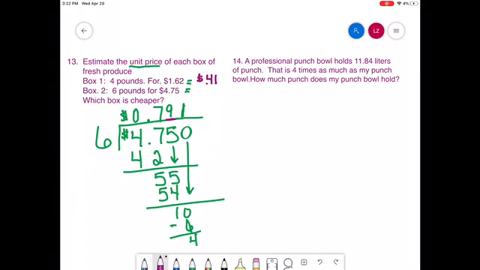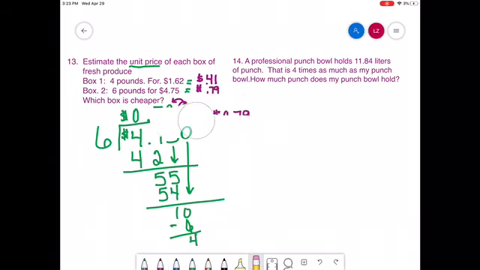So we have to stop and look to the right at the thousandths place and decide whether it's going to be 79 cents or 80 cents. And this 1 tells us to leave it. So our answer is going to be 79 cents. Okay, so we're going to put that box number 2 per unit is 79 cents.